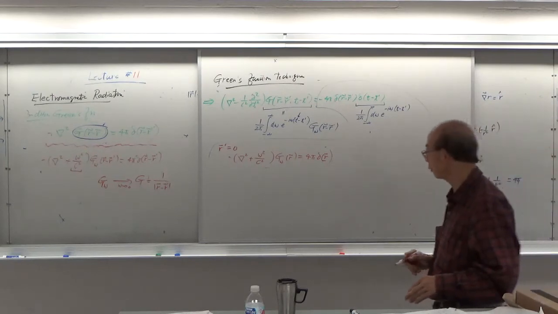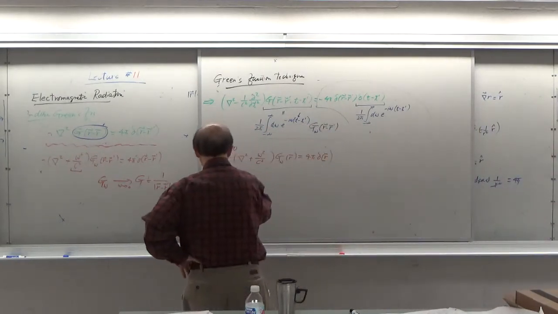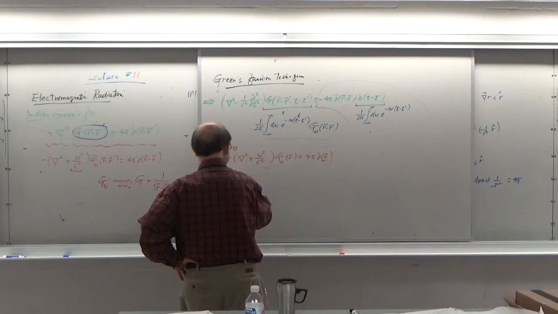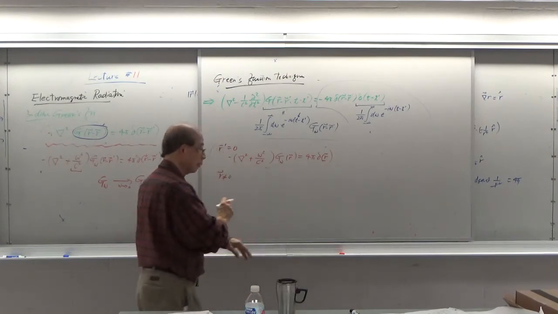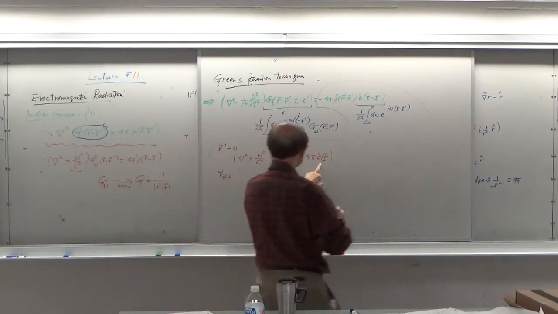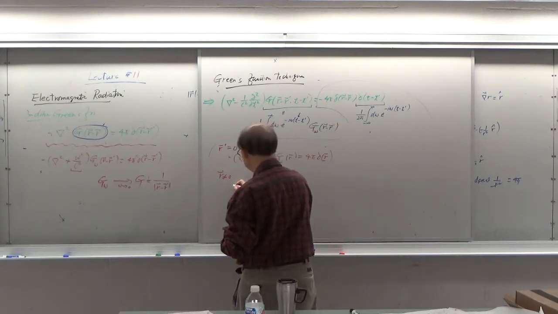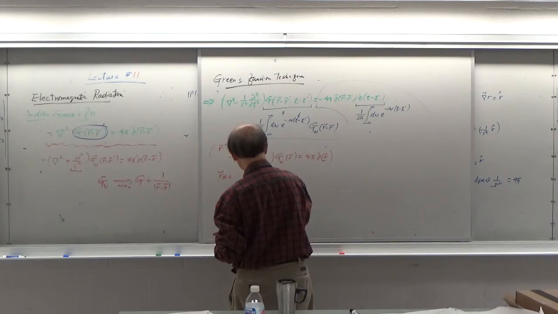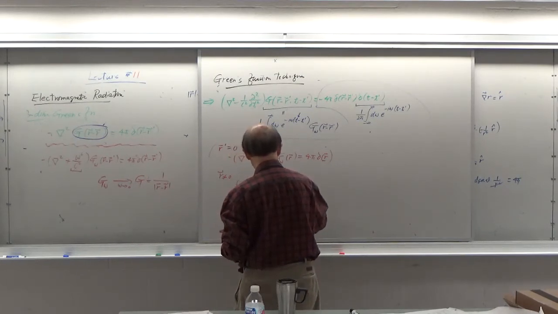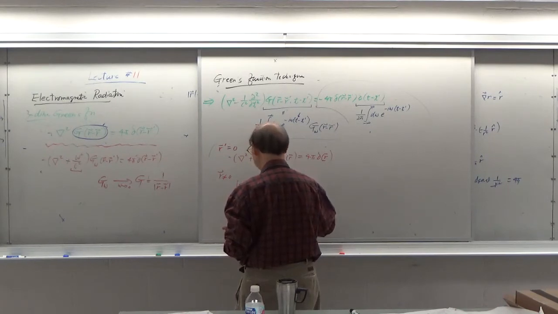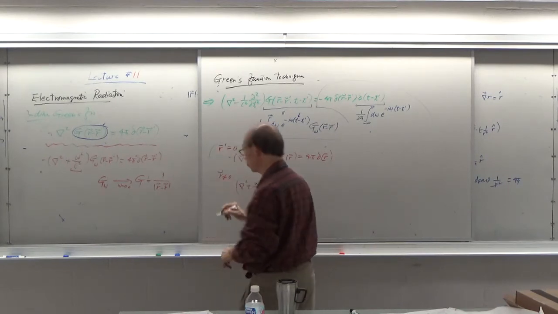Let me now solve this equation for r not 0, not the origin. In that case, of course, the right side will be 0. So I have Laplacian plus omega squared over c squared, this Green's function of r, equal to 0, for the case r not the origin.